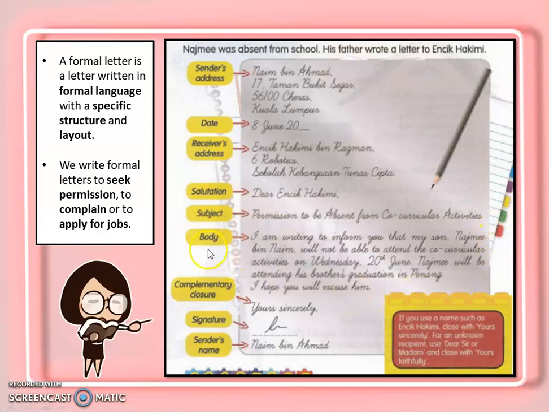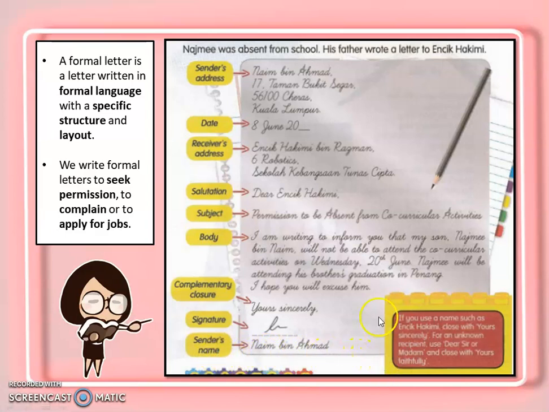Next, you have the body ataupun isi tujuan kamu menulis surat rasmi ini. Okay, you state the reason, the day and date. Next, you have the complimentary closure, yours sincerely. And then you sign, and also the last thing is the sender's name.